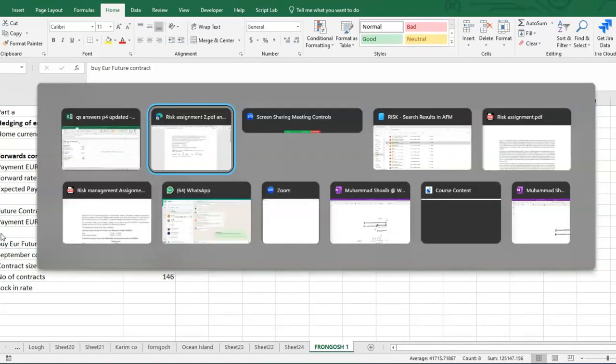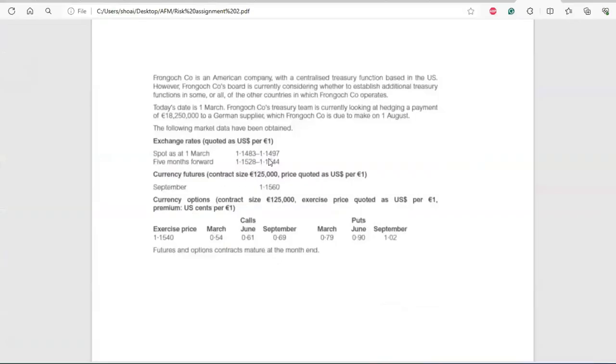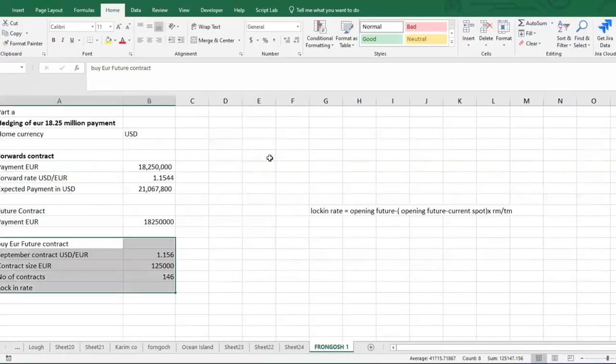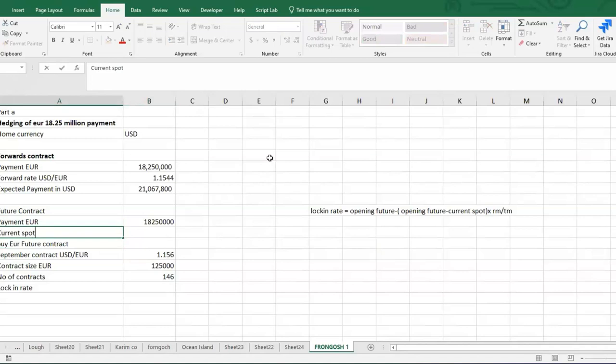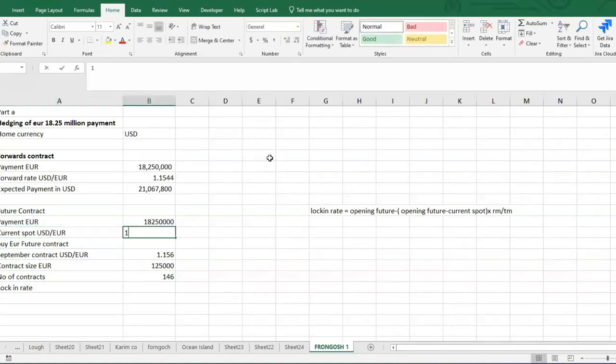Current spot is 1.1497, USD over euro. It's a payment case and multiplication case, so we will multiply with the higher rate. That's why I'm taking the higher rate.